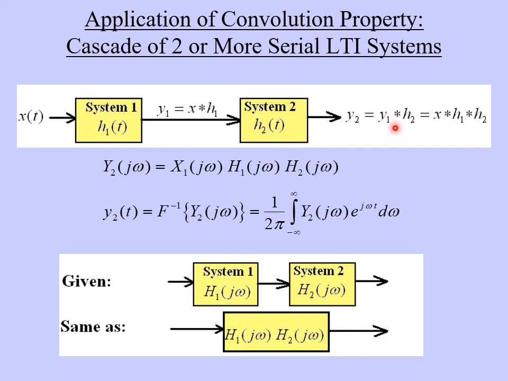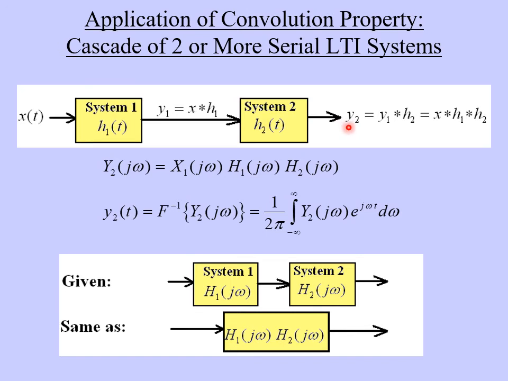This is something that we saw back in chapter 2. This is nothing new to us here. But remember, y1, shown right here, is the convolution of x and h1. So the output of this entire system is x convolved with h1, convolved with h2. Now what we can do is use the convolution property and go to the frequency domain.